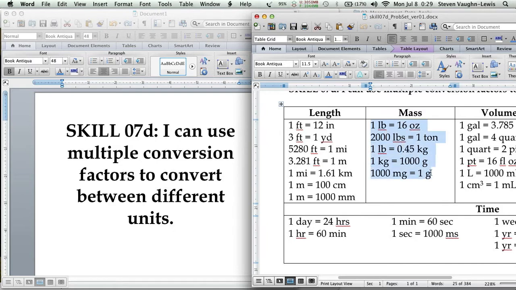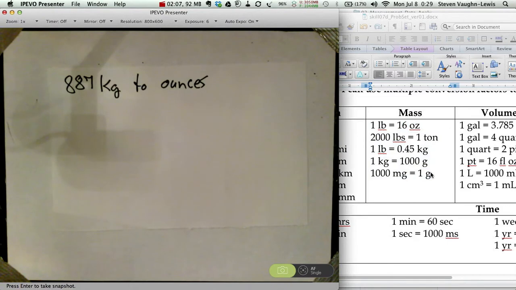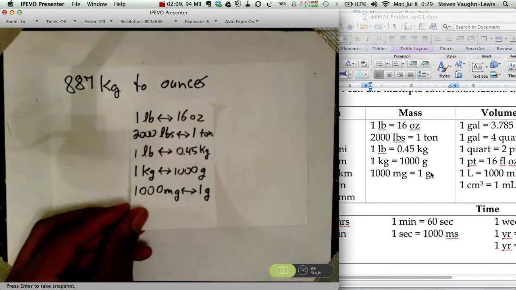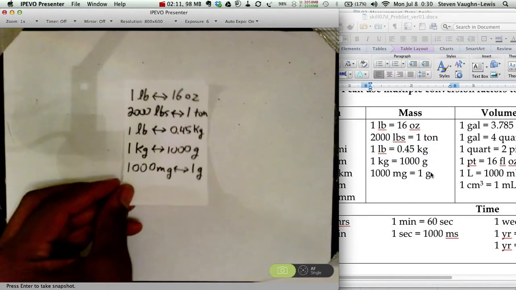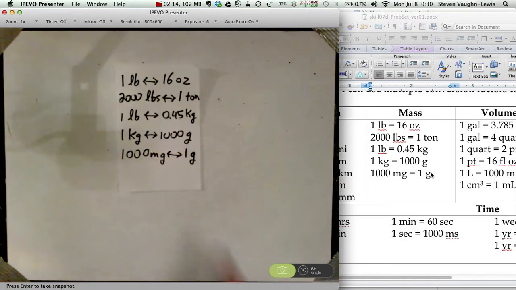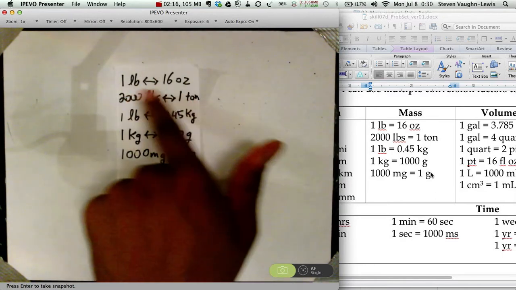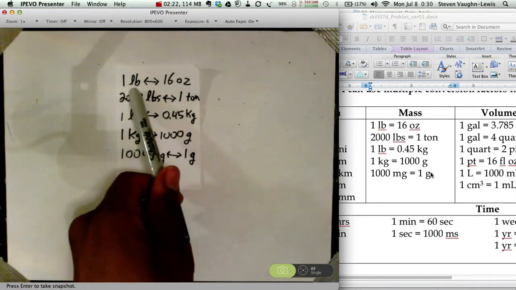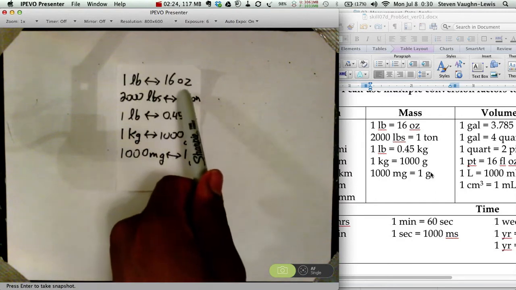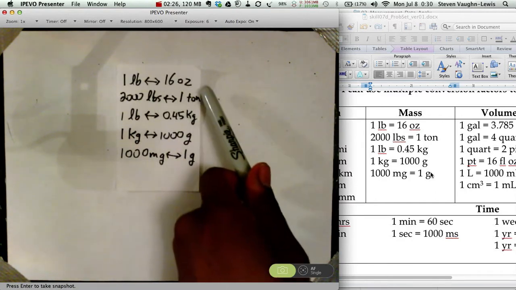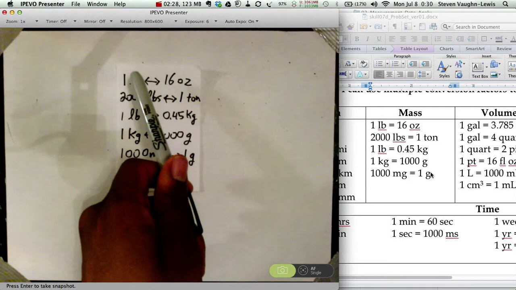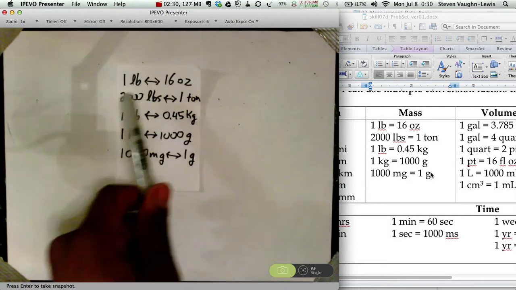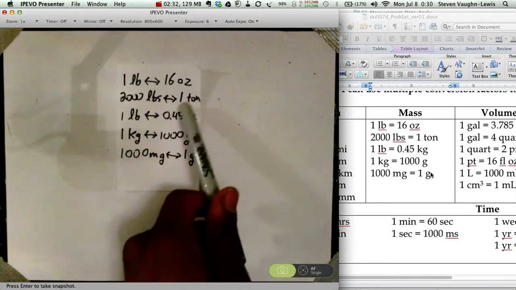Now it helps if you write it out like this, and instead of equal signs I put arrows pointing in both directions. I did that because these let you convert from pounds to ounces, but it also lets you go backwards from ounces to pounds. So I can go both ways for each of these relationships.